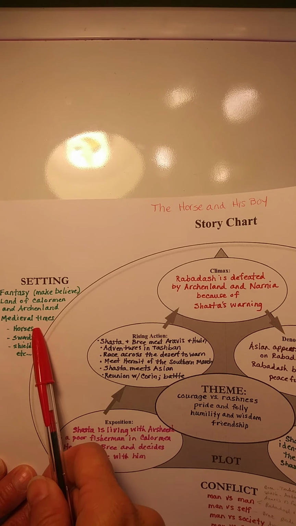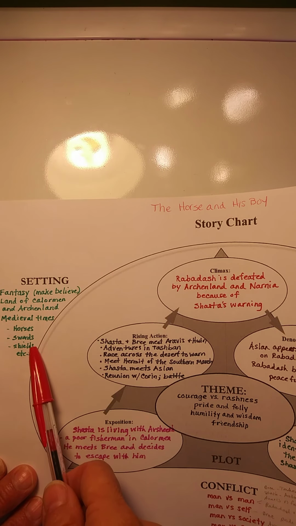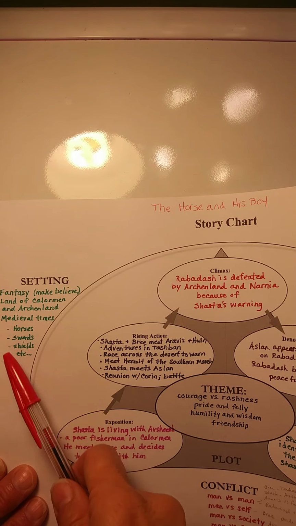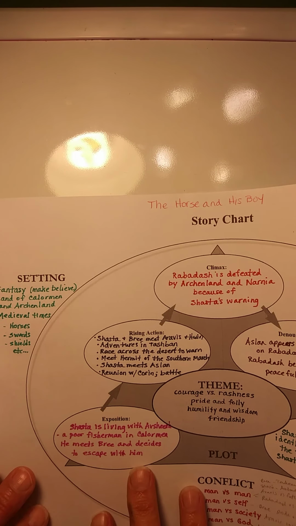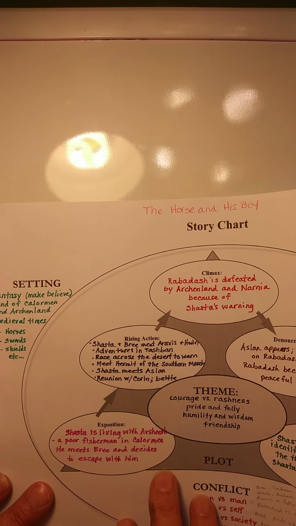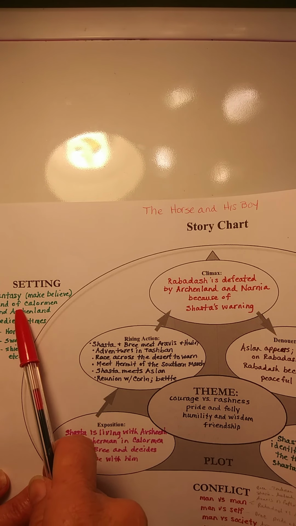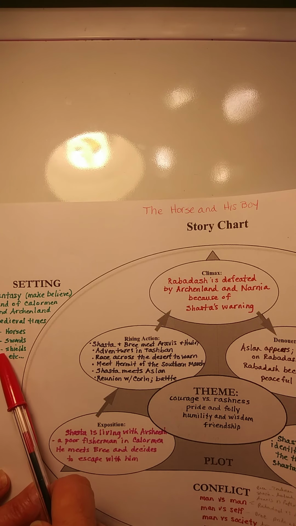They don't have cars and trains and trucks. They have swords and shields. They don't have guns for battle and war. Okay, princes and kings and all those things give you the feeling of medieval times. Okay, so that's the setting, and you could even say part of the setting is in Tashbaan, part of it is in the desert, and etc.